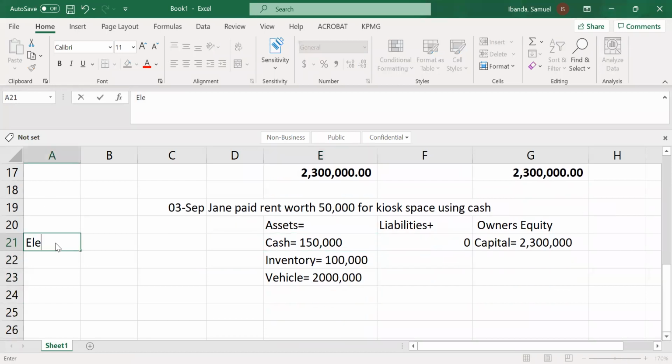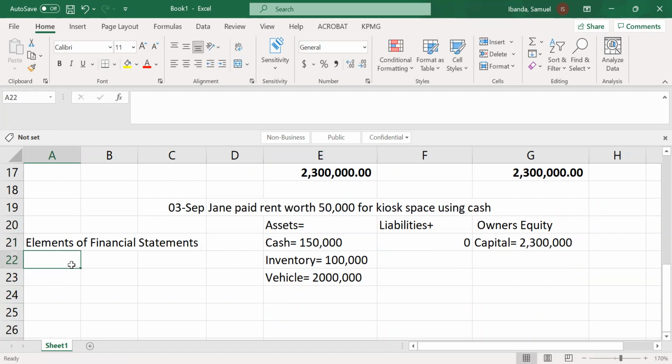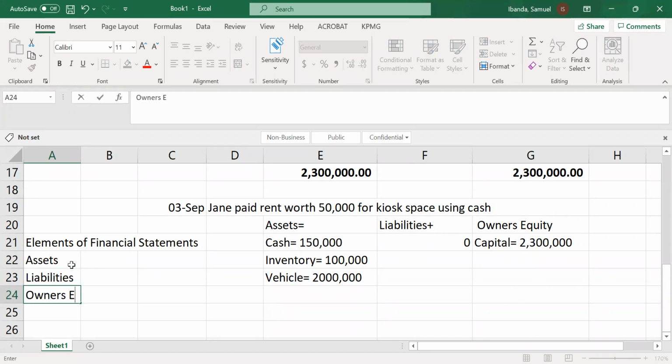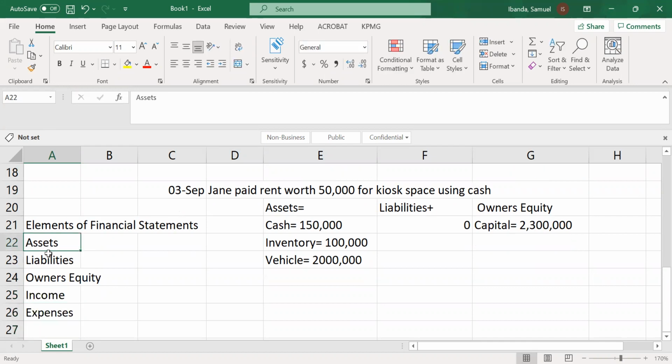These elements are the assets, the liabilities, the owner's equity, and then we have income and expenses. These are our elements of financial statements.